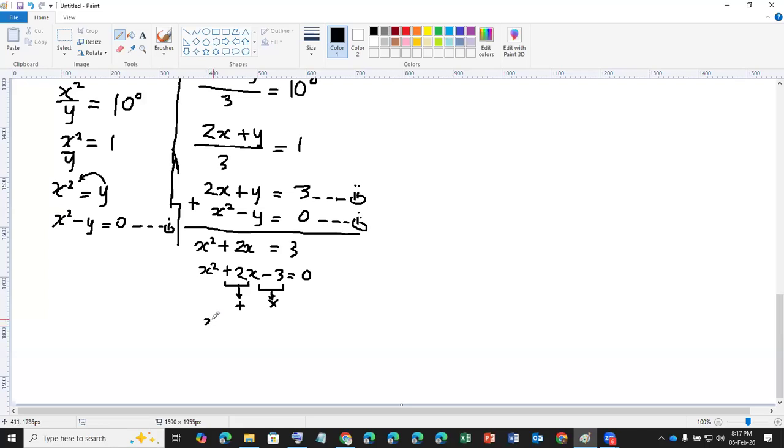Do numbers come to your mind? What and what? Is it 1 and 1 or 1 and 2? Let's think about it.